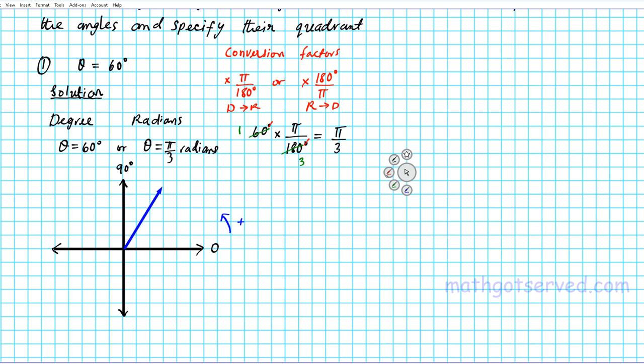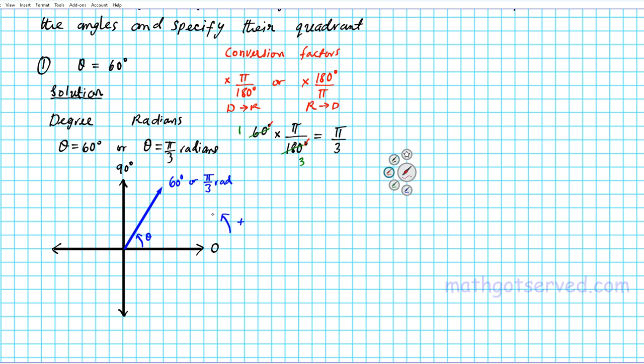All right, so this angle that we just graphed is theta. So this is theta, and its measure is 60 degrees, which can also be written as pi over 3 radians in radian format. Okay, so what quadrant is it?